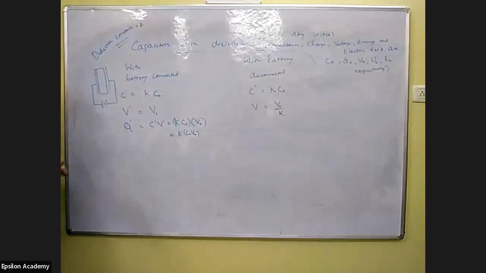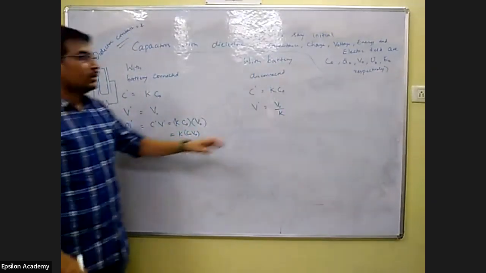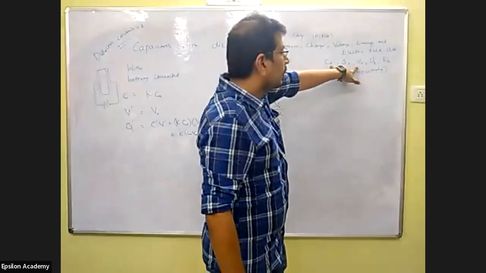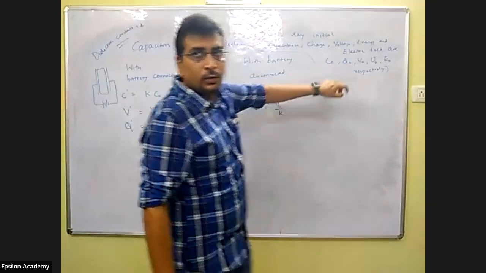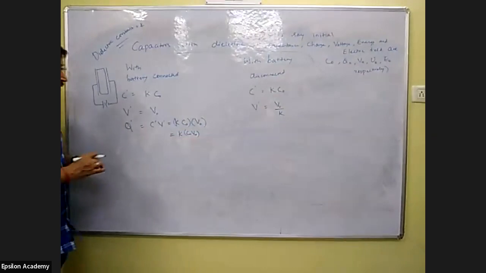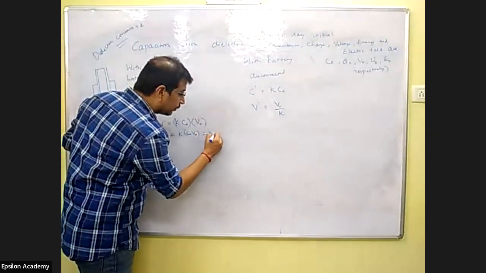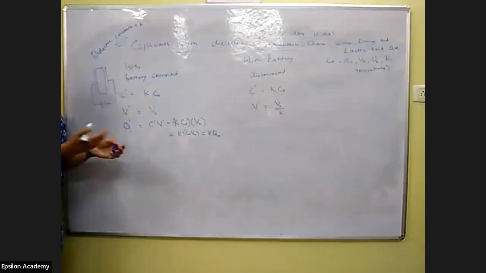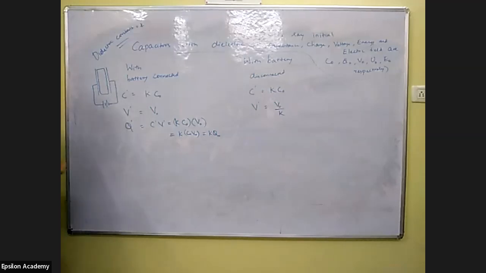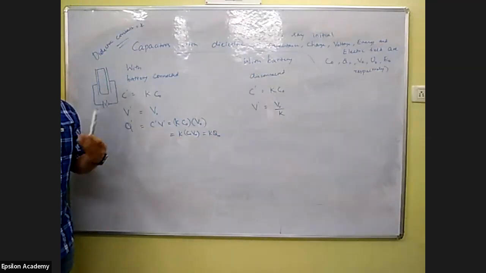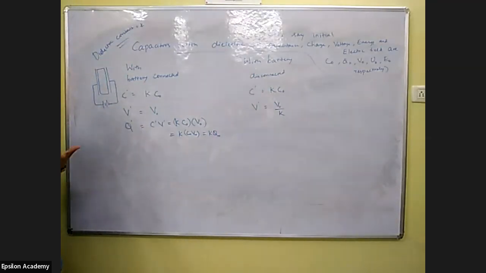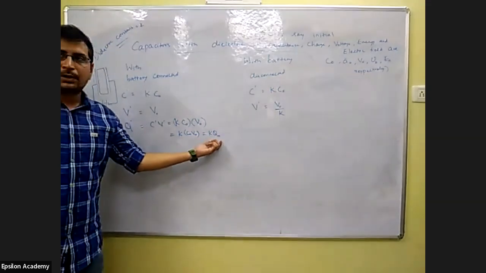What is C naught V naught? It would have been Q naught. So what is happening to the charge now? The charge is increasing by a factor of K times Q naught. That is logically right. When you insert a dielectric and still keep supplying energy, it will be able to store more charge compared to the previous scenario.